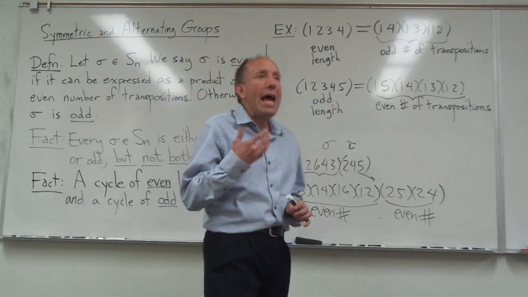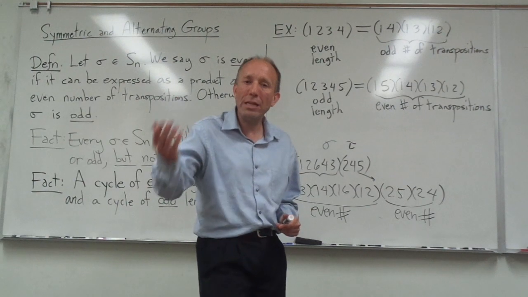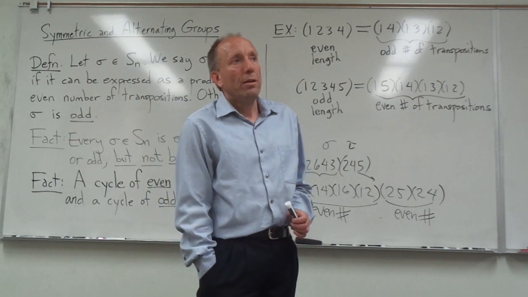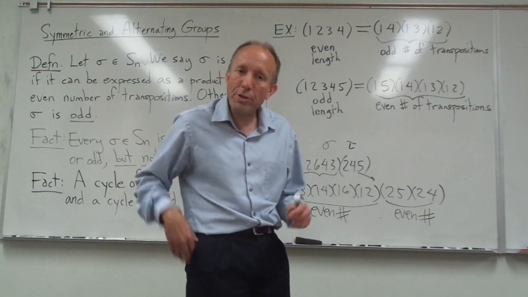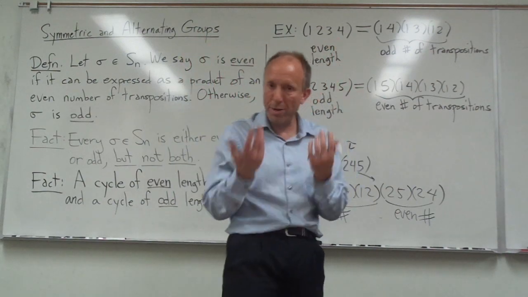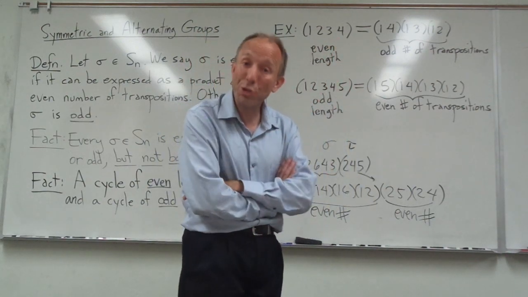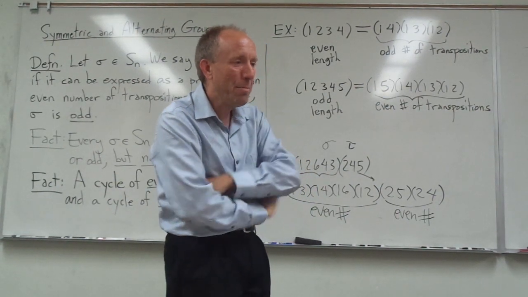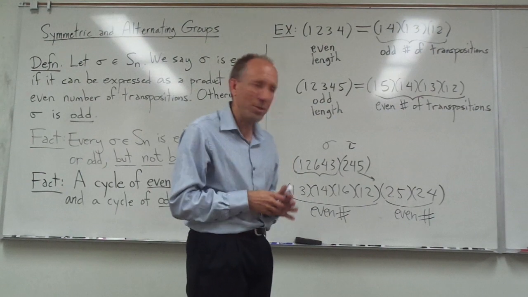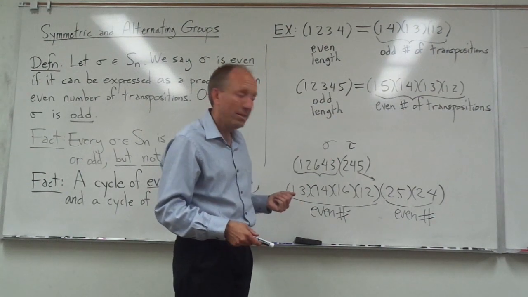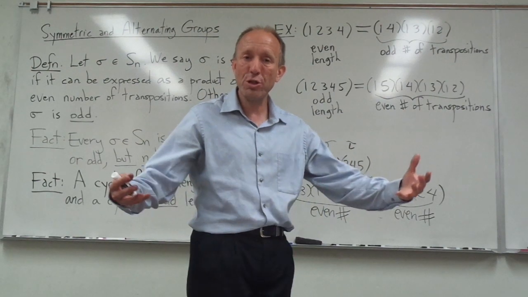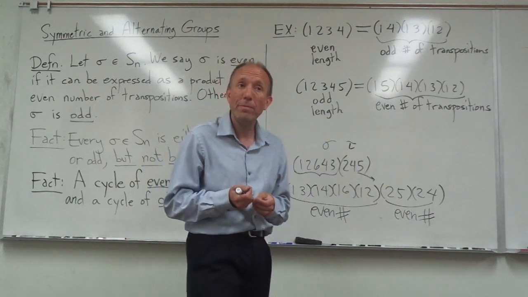It's because when you add an even number to an even number, you get another even number. So somehow this evenness of our permutations seems to be closed under multiplication. If I multiply 2 even permutations together, I get just a longer number of transpositions, but it's still an even number.